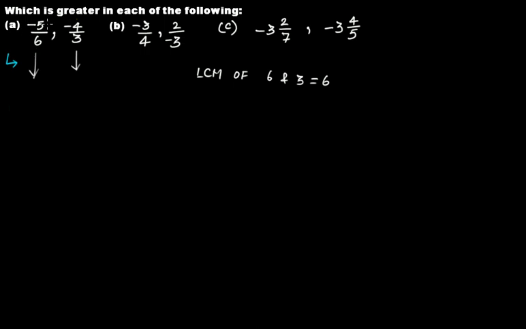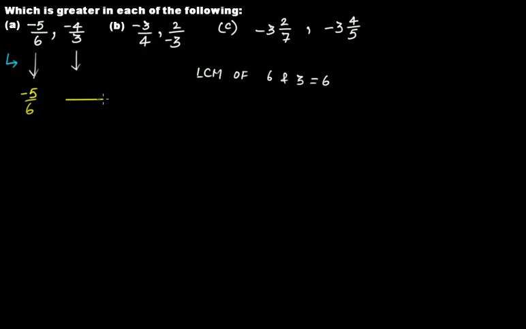This is already minus 5 over 6, that is, the denominator is already 6, so we don't need to change anything. But in this case, you have to find the equivalent rational number of minus 4 over 3 such that its denominator is equal to 6.